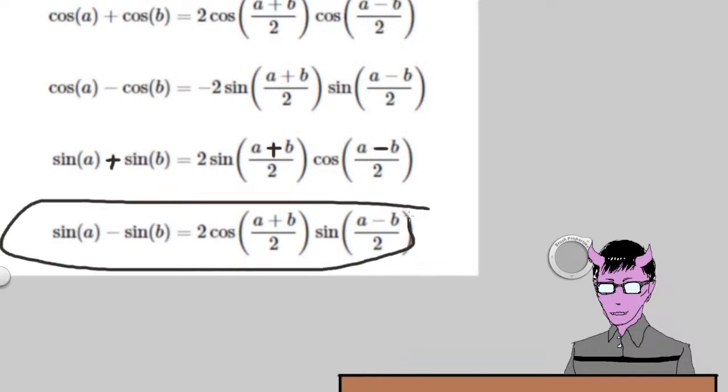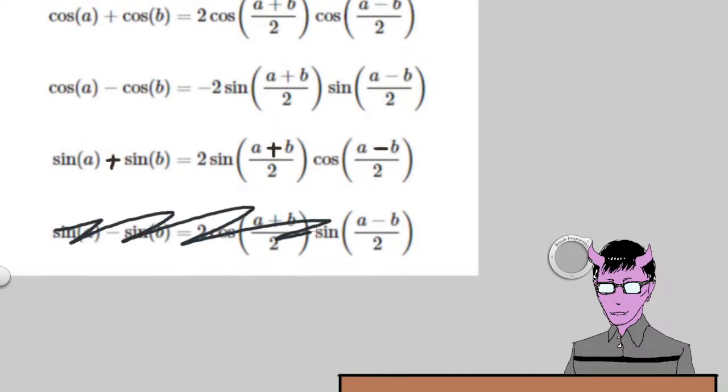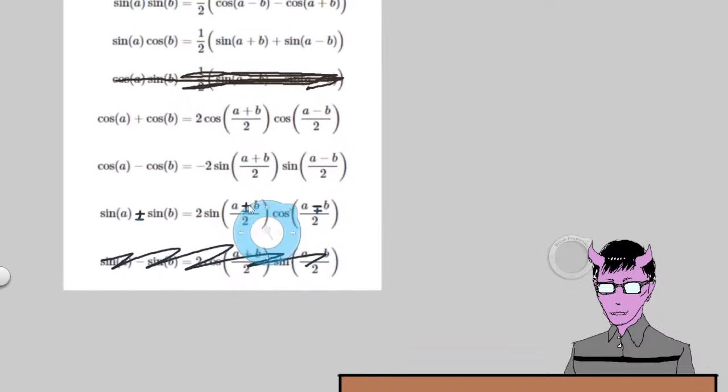And if this is minus, then this one will be minus, and then this one will be plus. So marginally less to memorize, kind of.